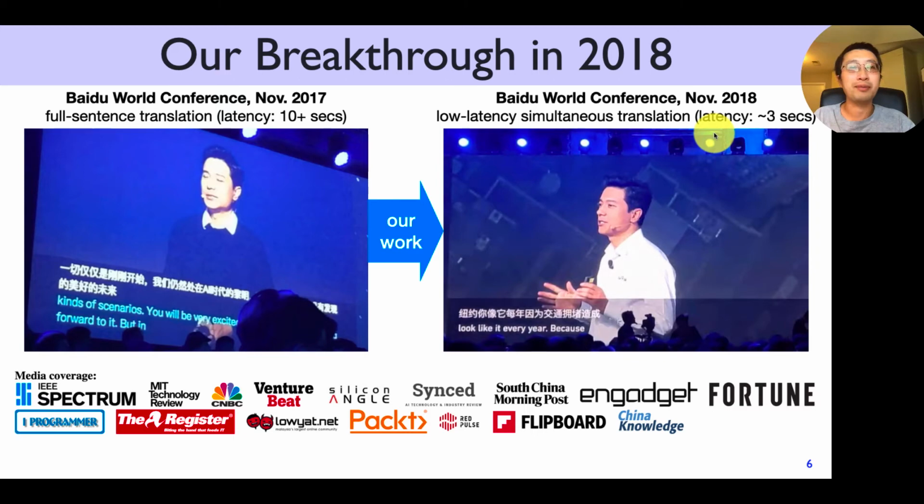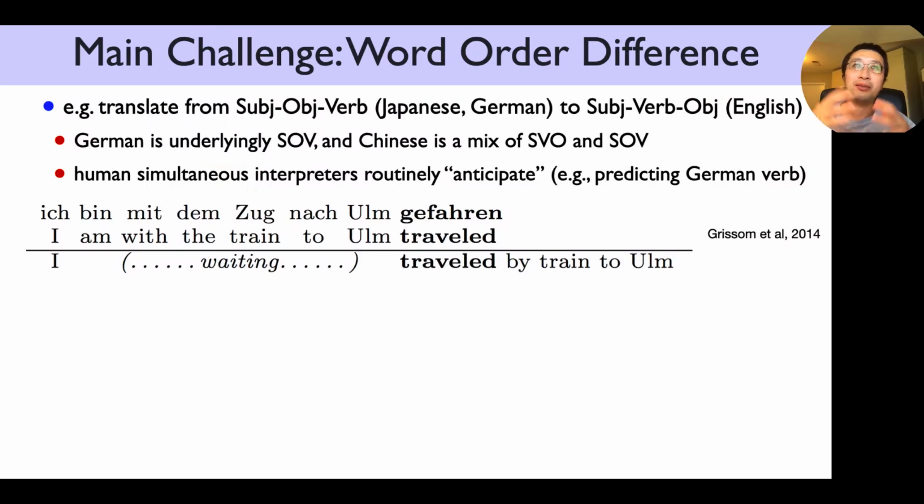And how did we do it? Well, as I said, we need fundamentally new ideas beyond sequence to sequence, right? So let's look at the main challenge that we are facing for machines to do this job. For humans, we have lots of other constraints like working memory, and simultaneous production and comprehension, all these tasks which were not made for our brains.